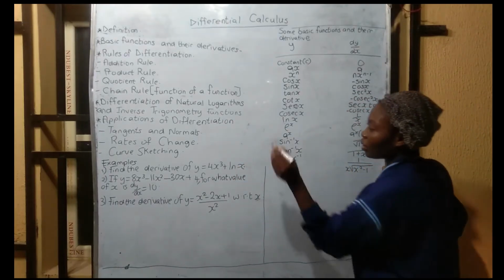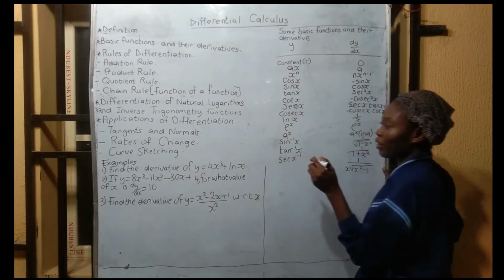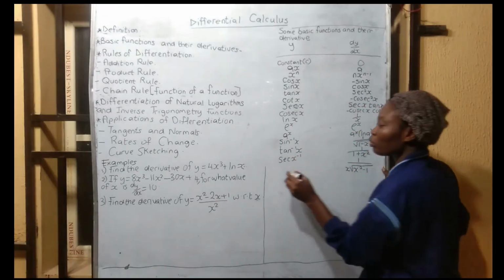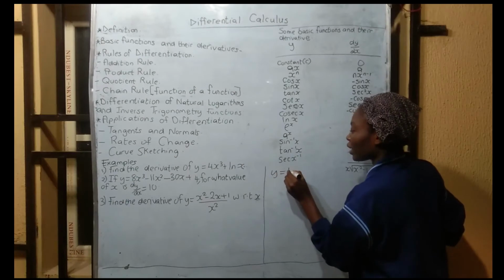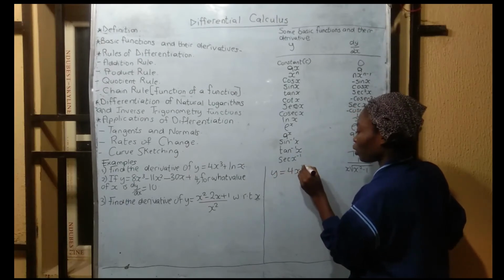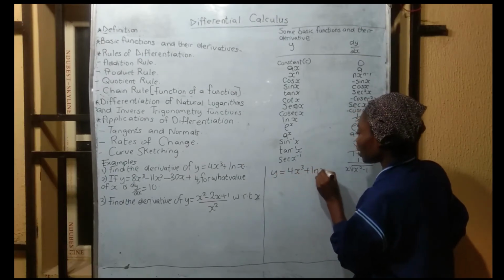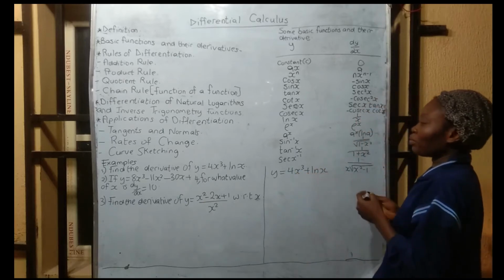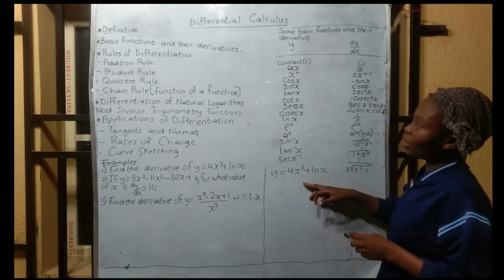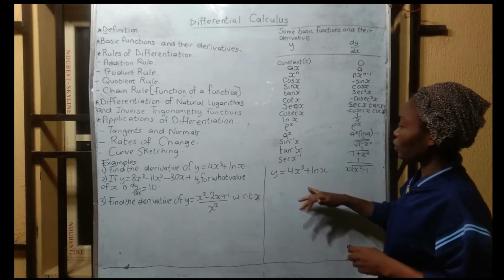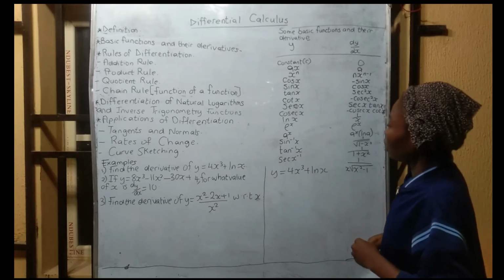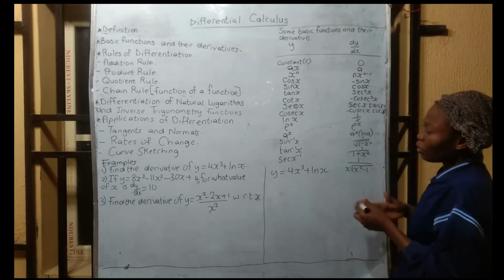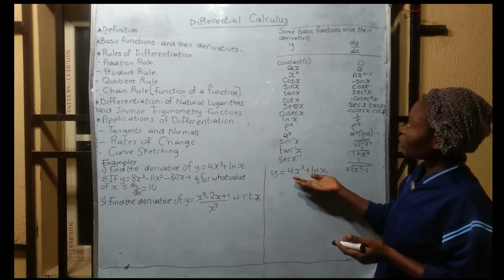Now the first example says find the derivative of y equals 4x cubed plus ln x. Now these functions are added together, and so we can use the addition rule. Now 4x cubed.